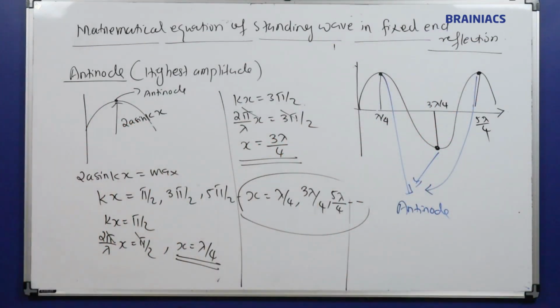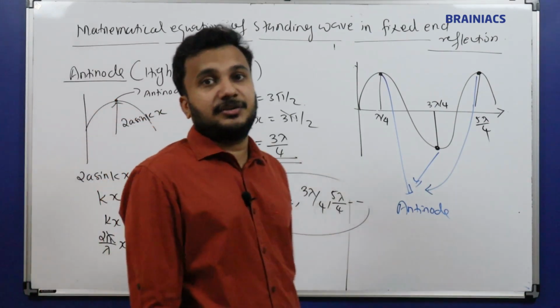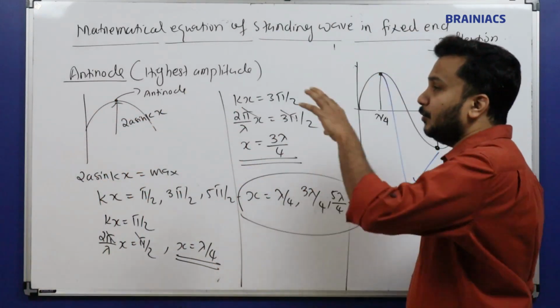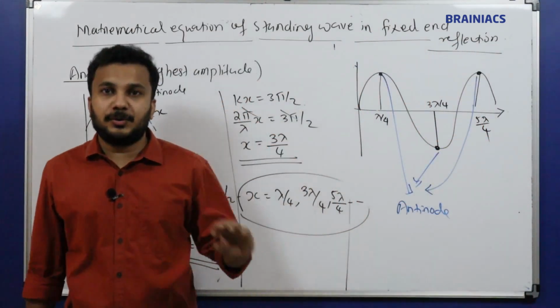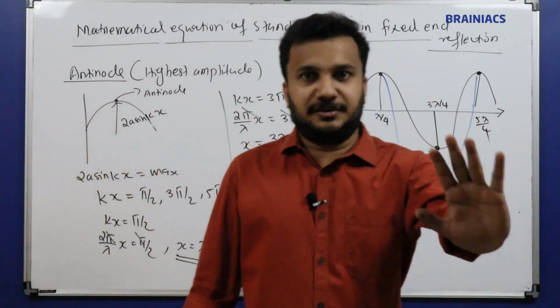Now, so far we have spoken about fixed end reflection. Is the same case applicable for a free end reflection also? Yes, the same case is applicable for a free end reflection as well. So all the discussion about standing waves so far has taken fixed end reflection into account.